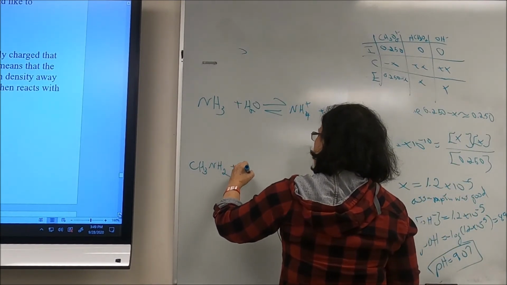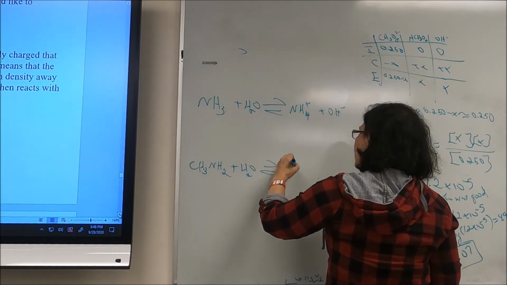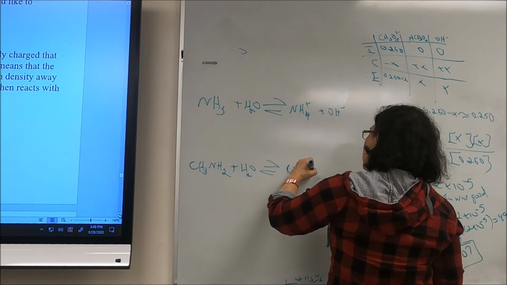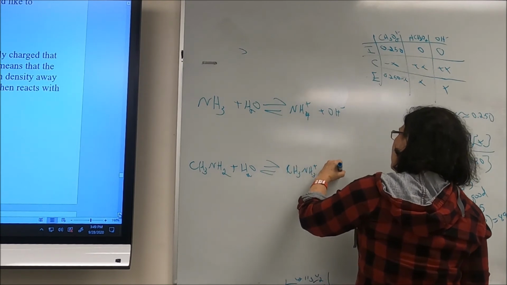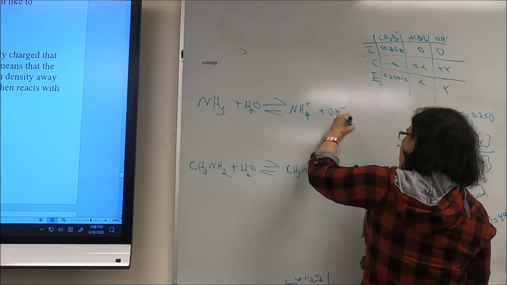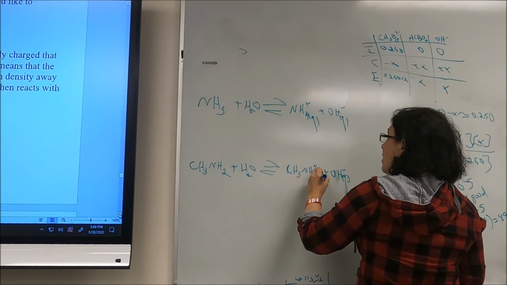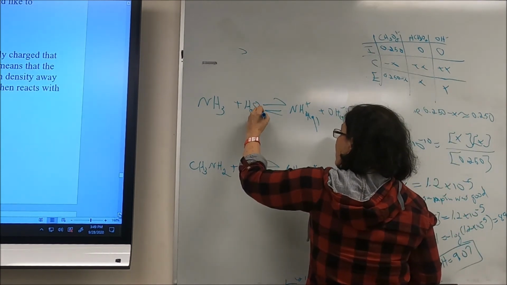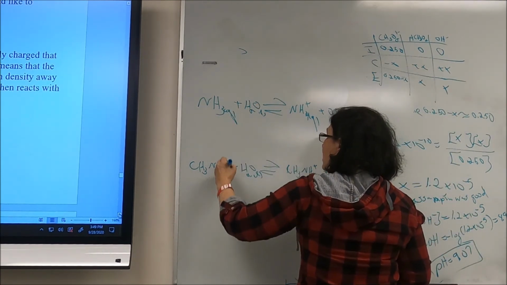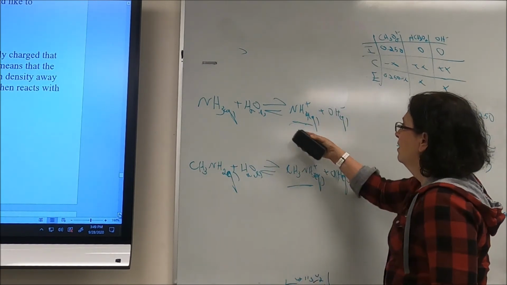And methylamine reacts with water to produce CH3NH3 plus and the hydroxide ion. Let's look at this guy and this guy.